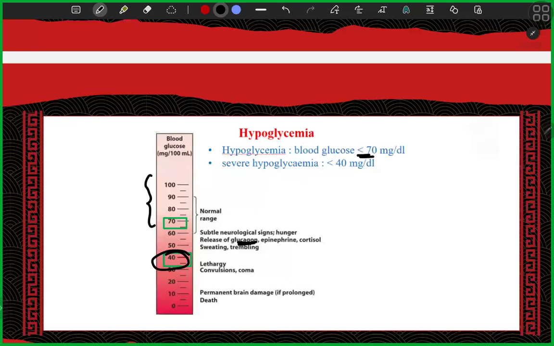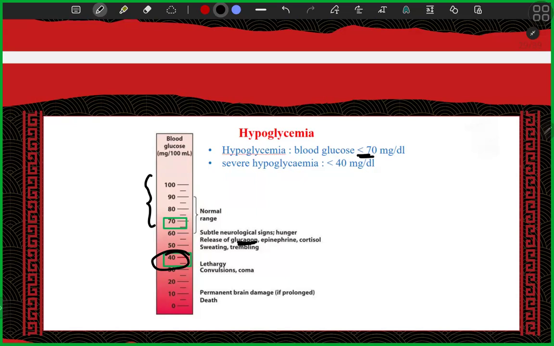Then you have epinephrine. Epinephrine has kind of the same function as glucagon. It goes against insulin, overrides the alpha cells, increases the production of glucagon, and again increases your glucose. Then you have cortisol. Epinephrine is basically for short-term stress, and cortisol is for long-term stress. That's the only difference between them. Then you're going to have sweating and trouble.